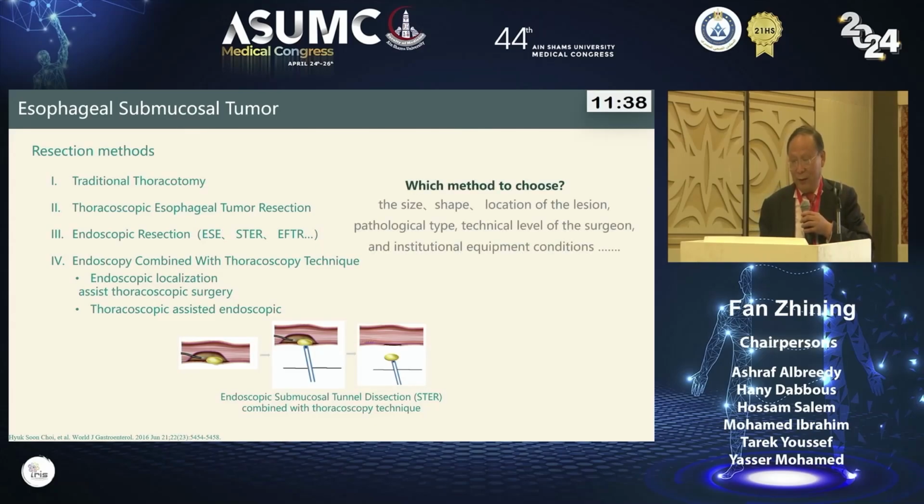Which method to choose depends on size, shape, location, lesion, pathology, time, and technology level.